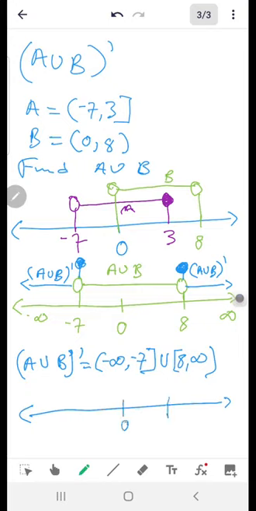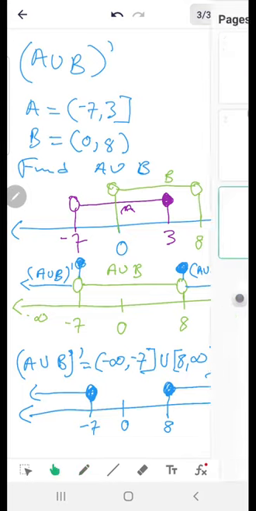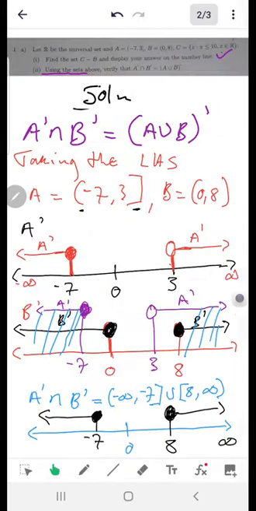So on this side it will be shaded starting from 8 going this side, and then we also have -7 shaded going this side. If you look at this which we have found and check what we found here, you find that they are one and the same.